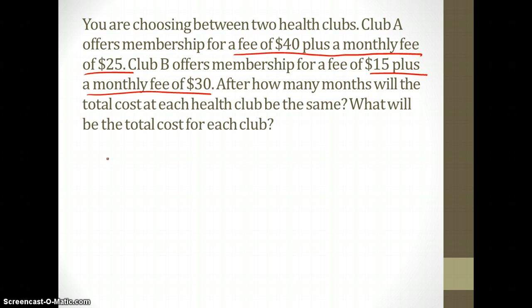So we isolate the information from Club A and Club B. It says again, how many months. So pause, try to come up with the equation on your own, and then compare to what we come up with here. It's asking for that value x, or if you want to use the letter m, something that matches your situation, our variable is going to be the number of months.